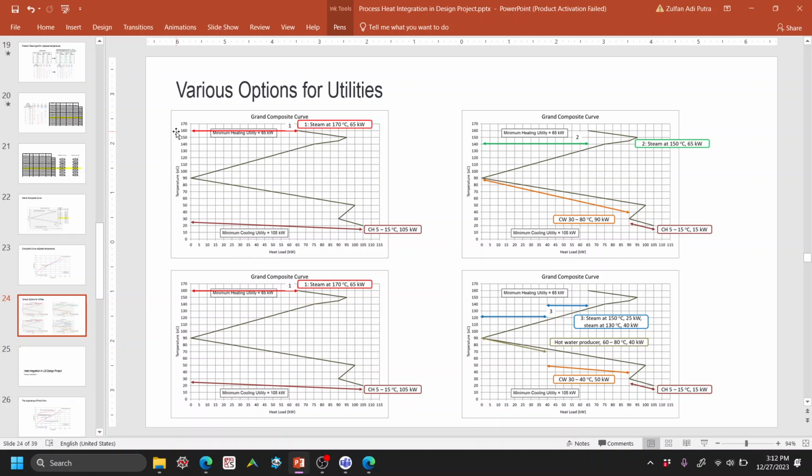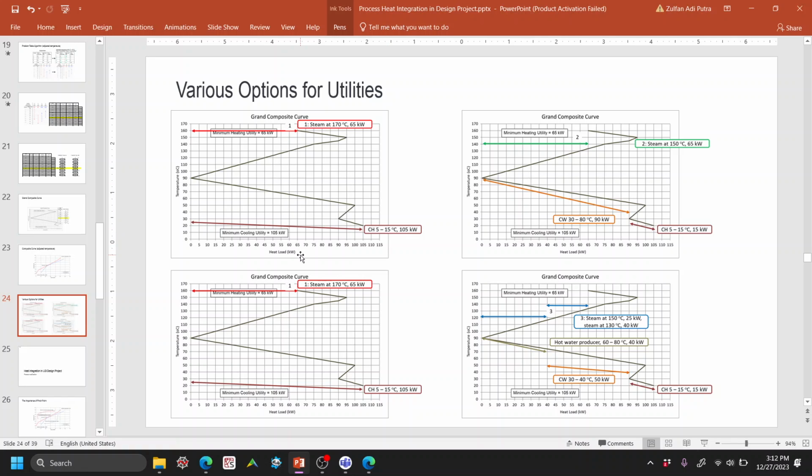That means the actual temperature, because it is a hot stream, has to be like 170 degrees C, delta T min plus half of delta T. And then we need to supply the minimum cooling utility from this to that temperature.